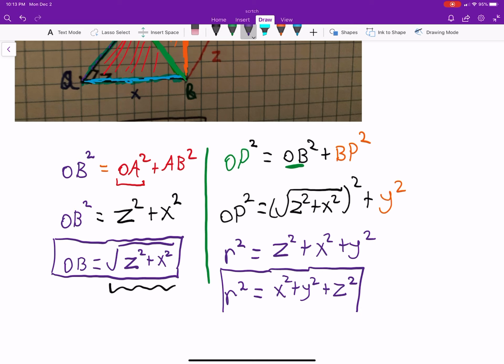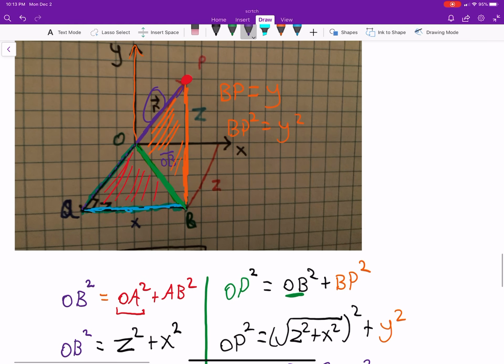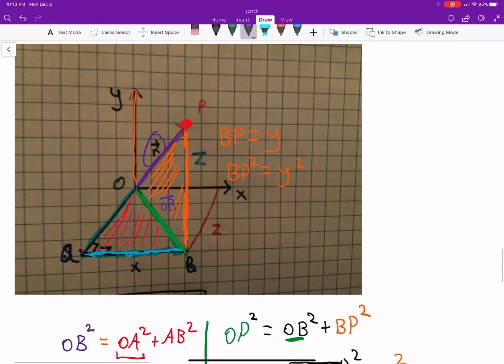So we can see that the Pythagorean theorem, in a way, extends into the third dimension. We saw this by breaking it down into two-dimensional cases.